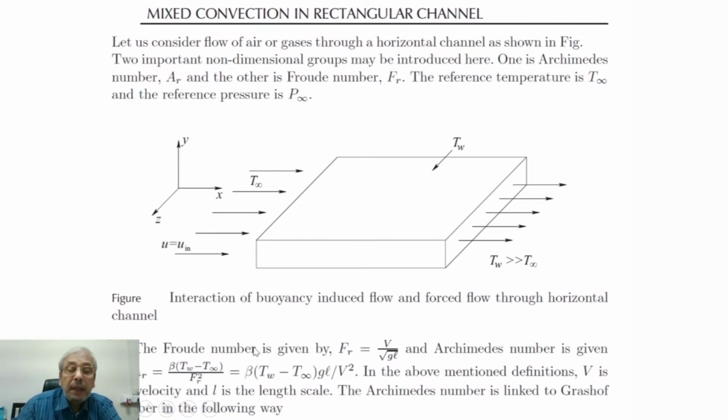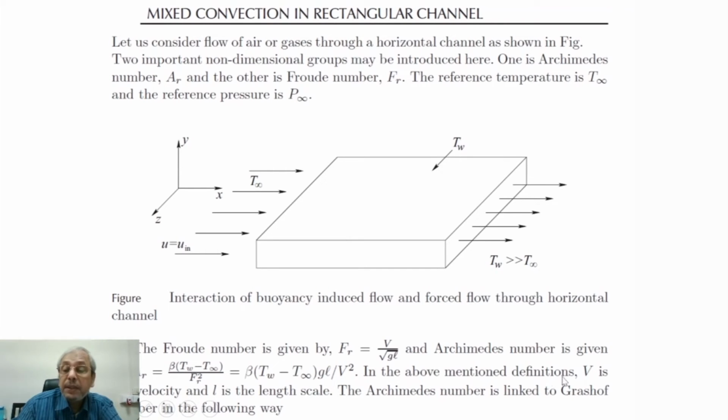The Froude number is given by Fr, which is basically V by root over gL, and the Archimedes number is given by beta (T_w minus T infinity) by the Froude number squared, equal to beta (T_w minus T infinity) gL by V squared.